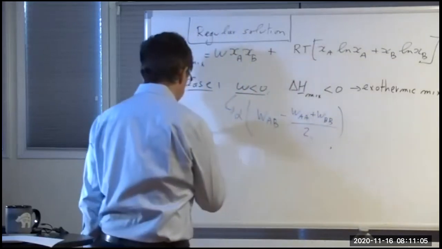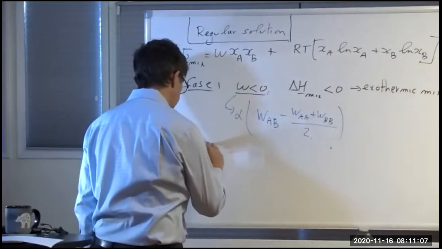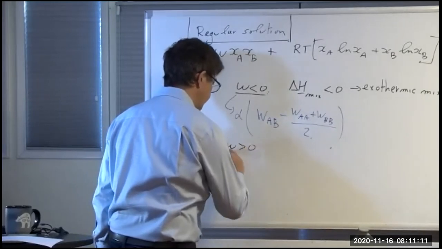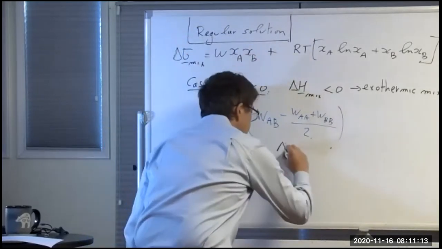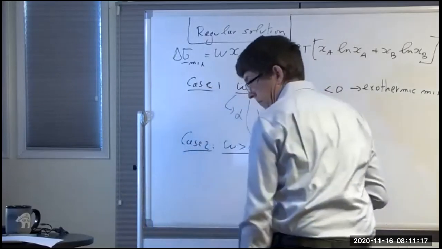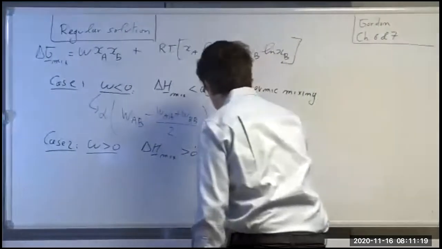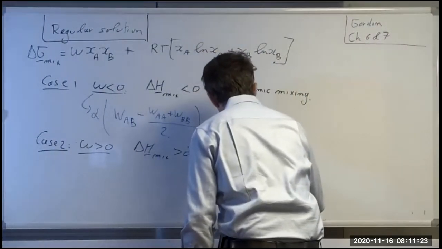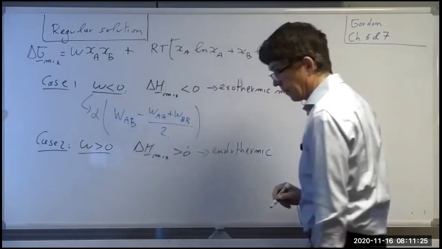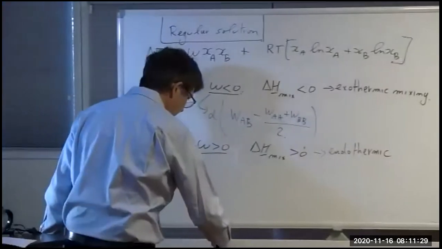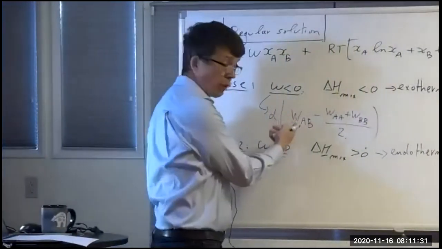In case 2, omega is positive. So that means that delta H of mixing is positive. So you will have endothermic mixing. And again, that makes sense because now you're actually going to a higher energy bond.